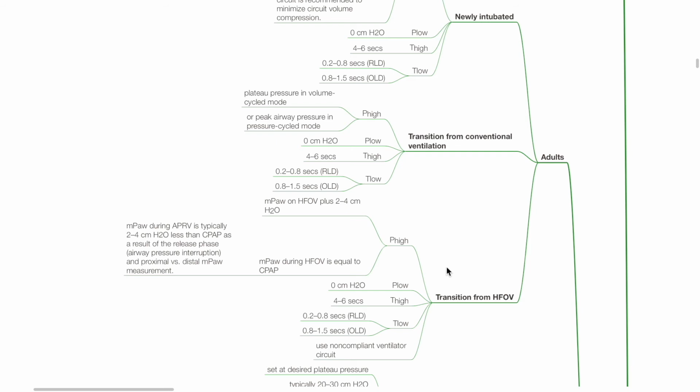P-low is set at 0 cm H2O, T-high is set at 4 to 6 seconds, T-low is set at 0.2 to 0.8 seconds in restrictive lung disease and 0.8 to 1.5 seconds in obstructive lung disease.